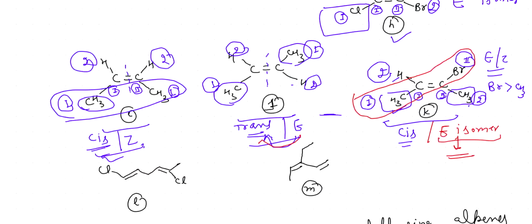E and Z may be cis or trans. It depends upon the arrangement of the more prioritized substituents around the double bond. So always remember the simple rules for E, what are for E and what are for Z, as well as for cis and trans. So on the basis of the rules, you can name it as cis, trans, E or Z.